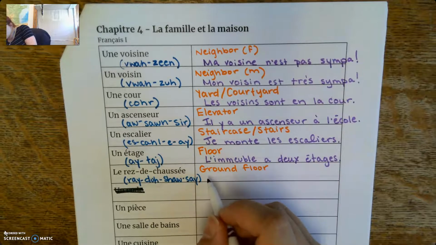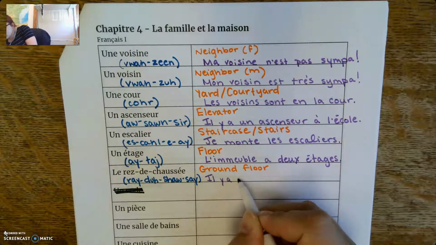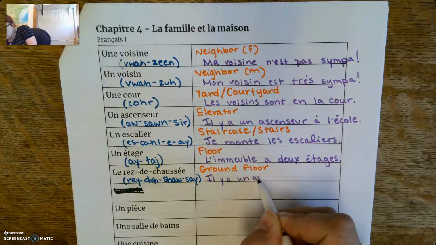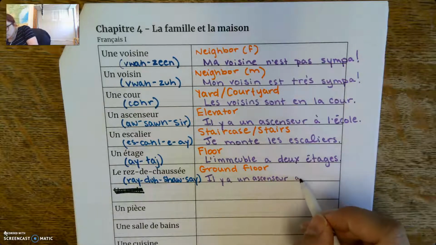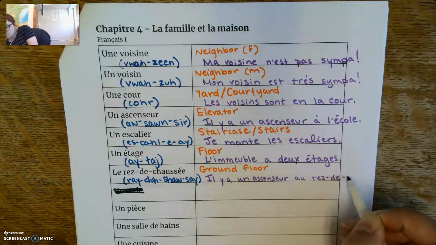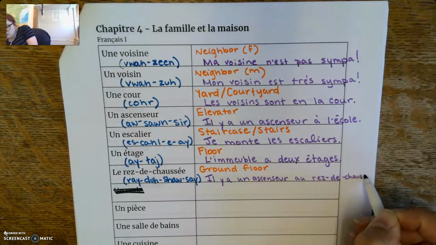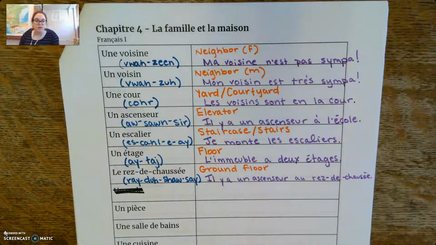So you might say il y a un ascenseur au rez-de-chaussée. There is an elevator on the ground floor. Il y a un ascenseur au rez-de-chaussée.